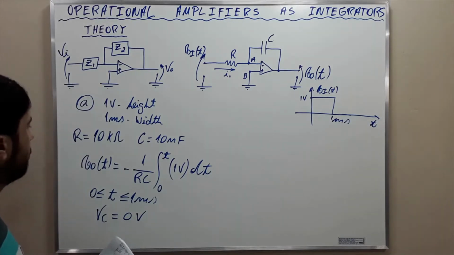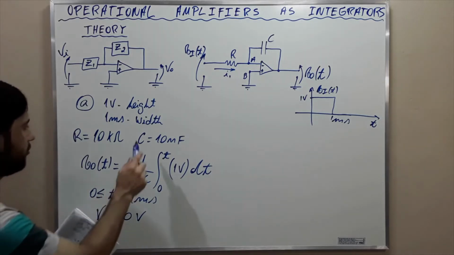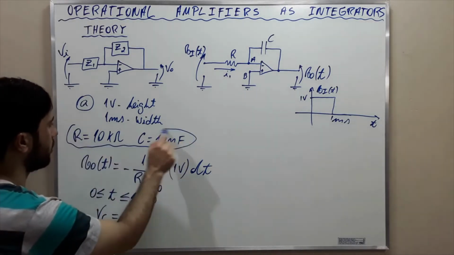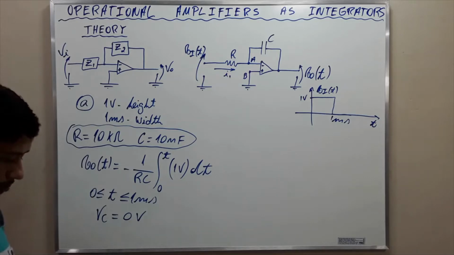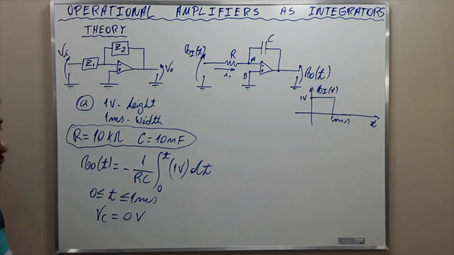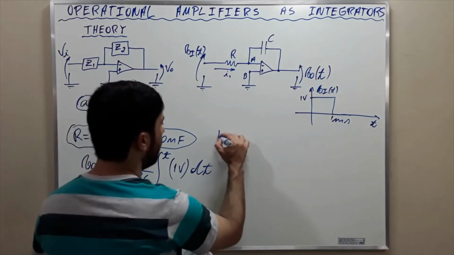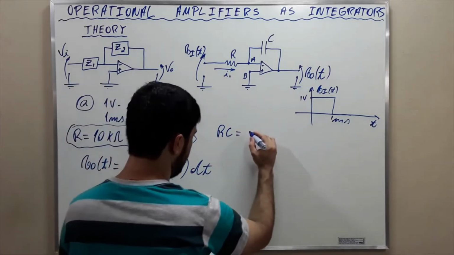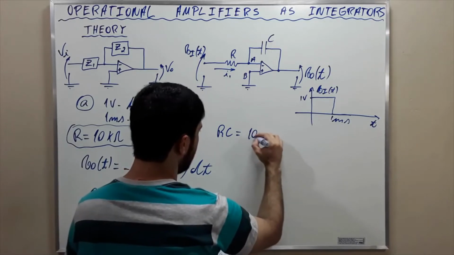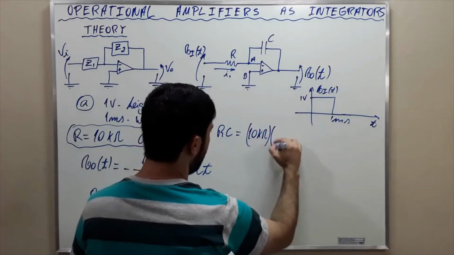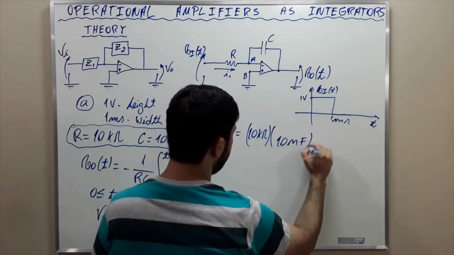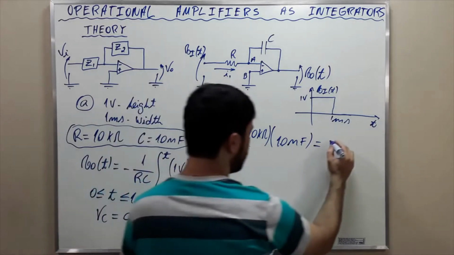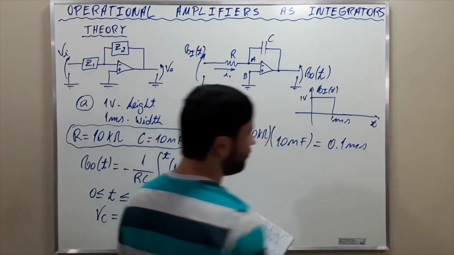For C equal to 10 nanofarads and R equal to 10 kilo ohms, we calculated the time constant of the circuit to be equal to RC equal to 10 kilo ohms times 10 nanofarad, and this gives 0.1 milliseconds.